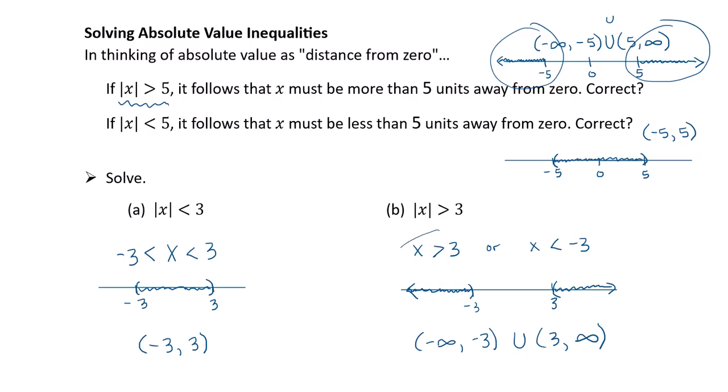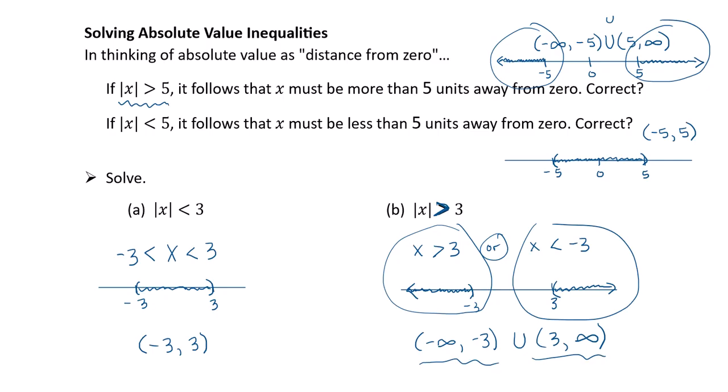So it works down here as well. Starting out, we have a greater than 3. We're pointing out, away from the absolute value, and I end up with two outside intervals with an OR, and my intervals here joined with a union.